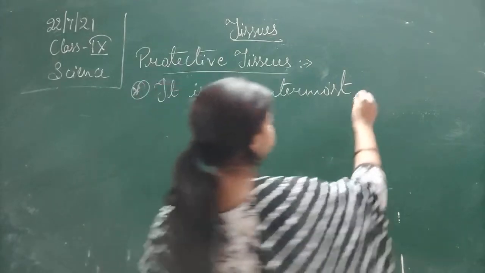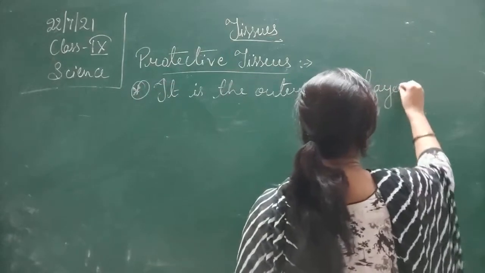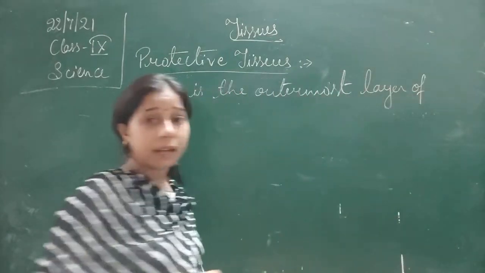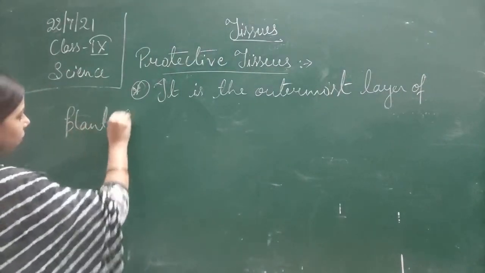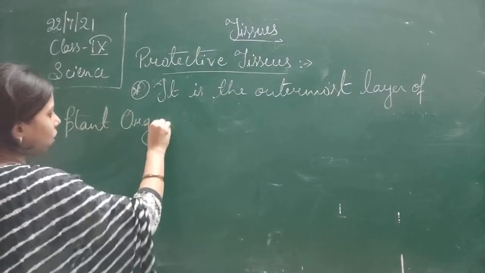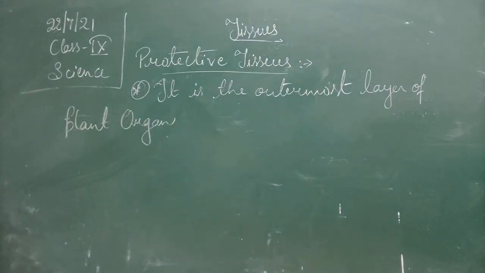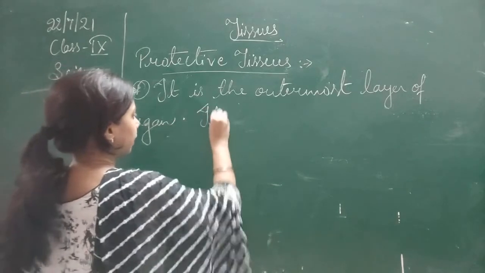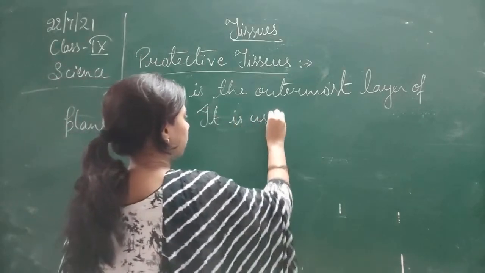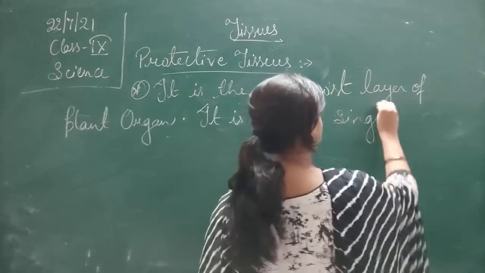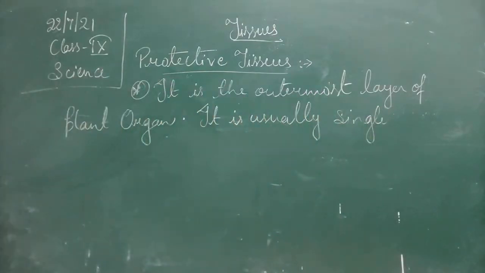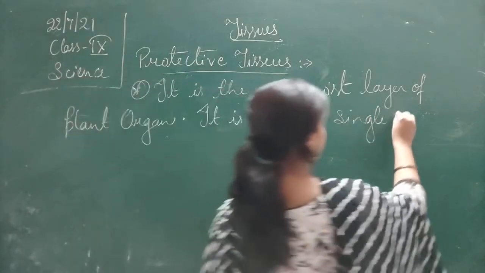So we can say that it is the outermost layer of the plant organs, and it is usually a single cell thick.